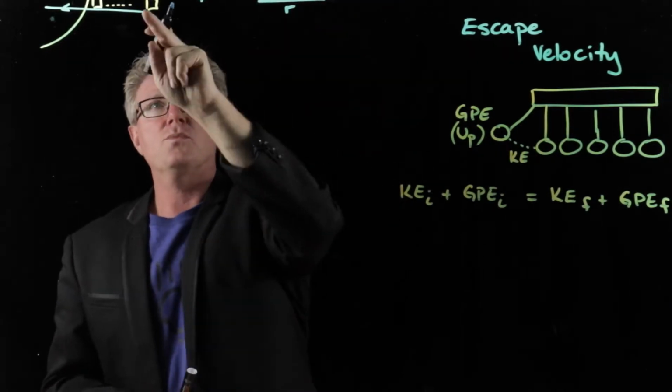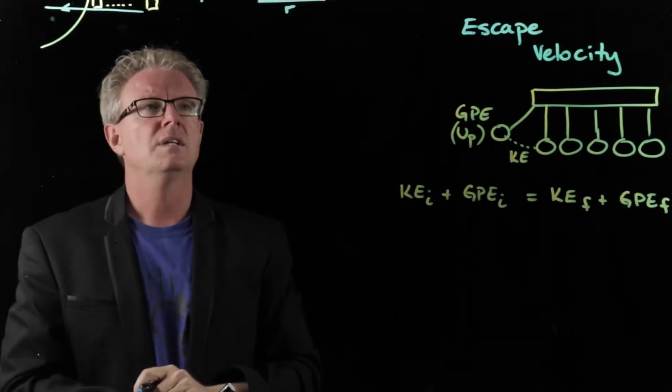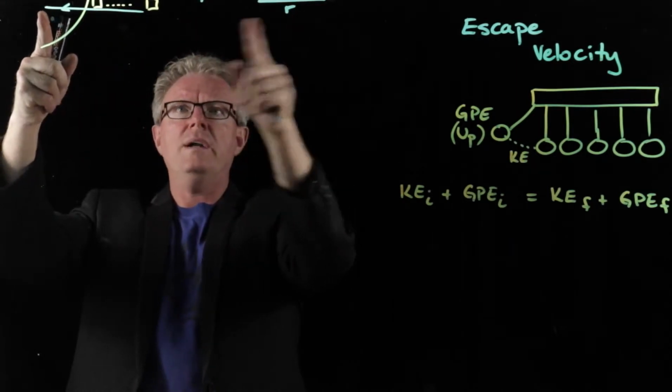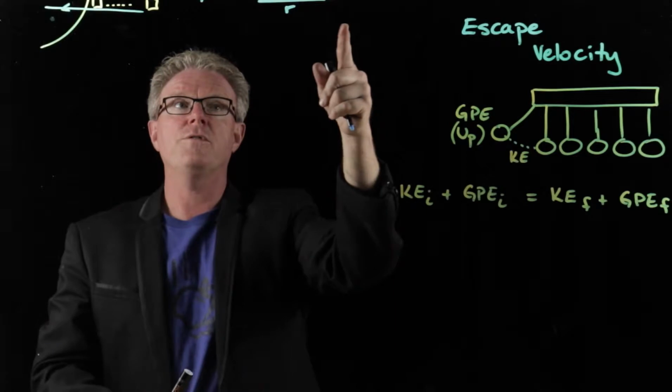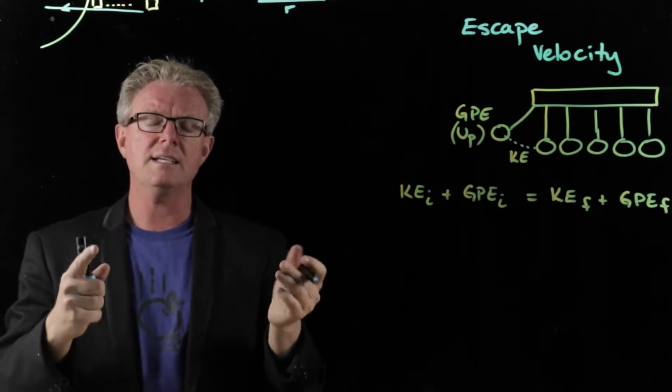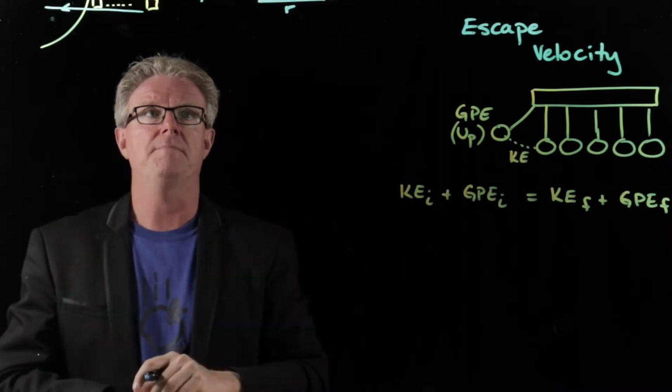So if this is a rocket, let's call it Mr. And so as the radius increases, the object's getting further and further away, and its gravitational potential energy is getting bigger and bigger.